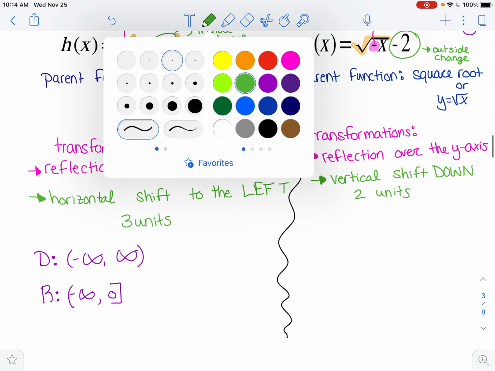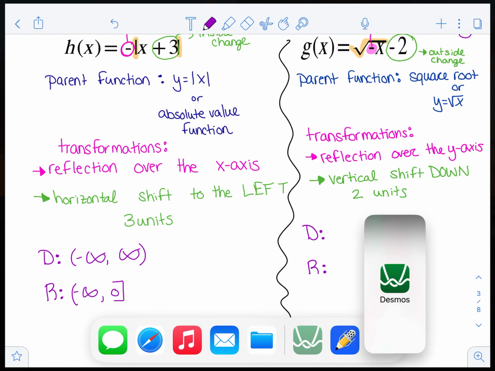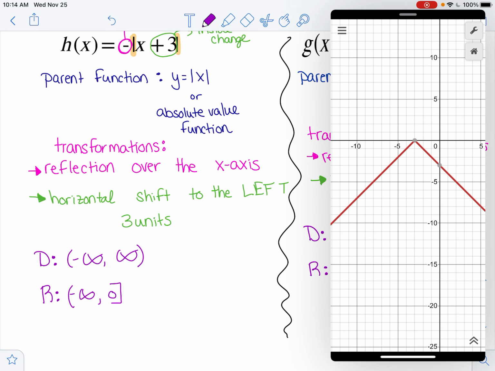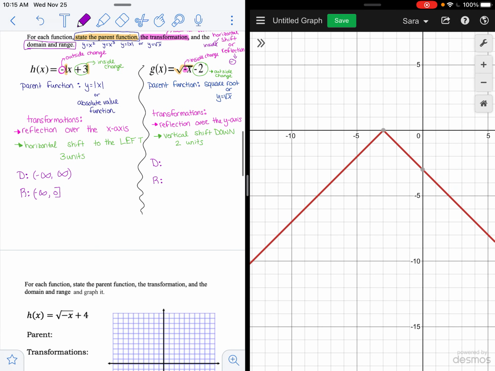Again, domain and range is easiest from a graph. Square root is the one that changes the most. So I'm going to pull up my Desmos here. There we go. Do my little side by side.